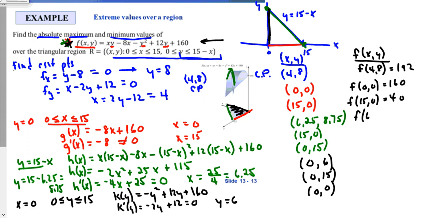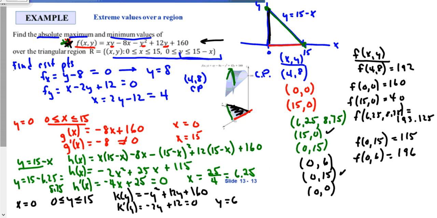F of 6.25, 8.75 is 193.125. Okay, we've already done f of 15, 0. F of 0, 15 is 115. And you can just go back and check it. It's taking some time. F of 0, 6 is 196. And we've already done this one, and we've already done this one.